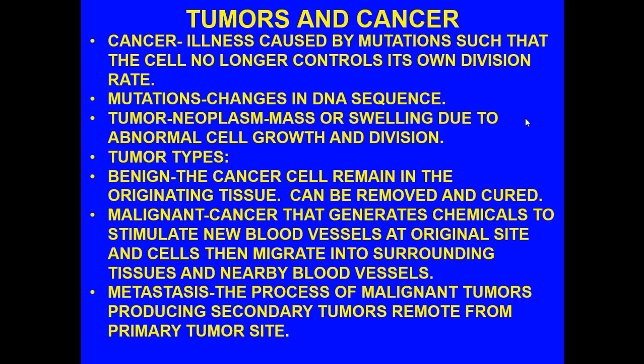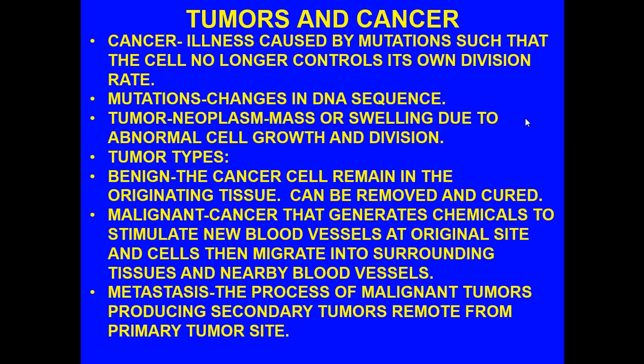Now, when we talk about the term tumor, this is also referred to as a neoplasm. It's a mass or swelling due to abnormal cell growth and division. There are different types of tumors. One is called benign. This is where the cancer cell will remain in the originating tissue. It can be removed and the patient cured.